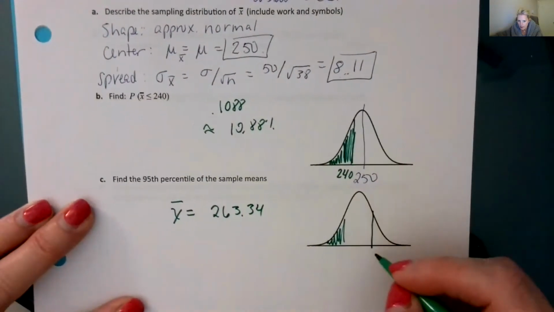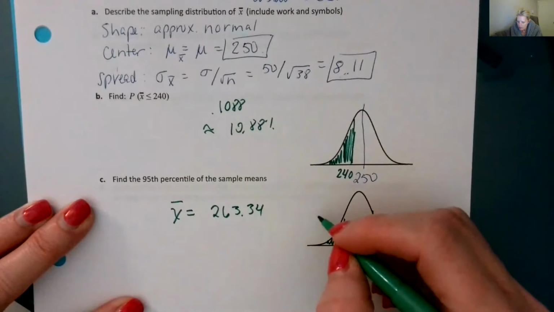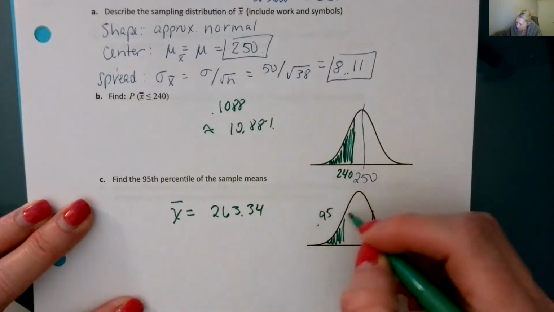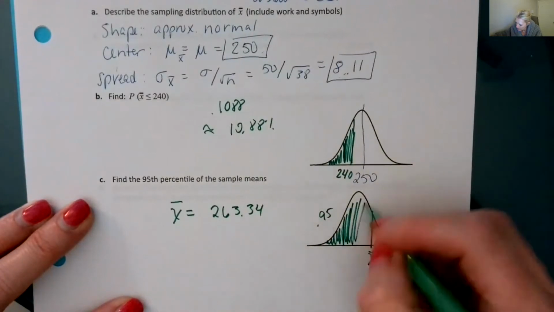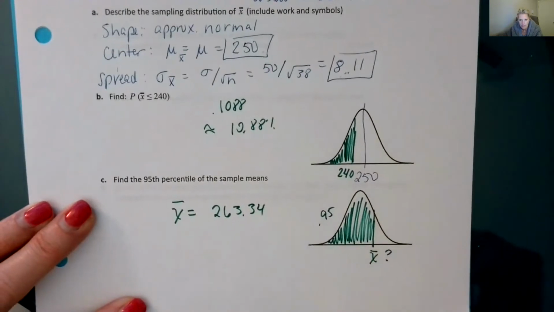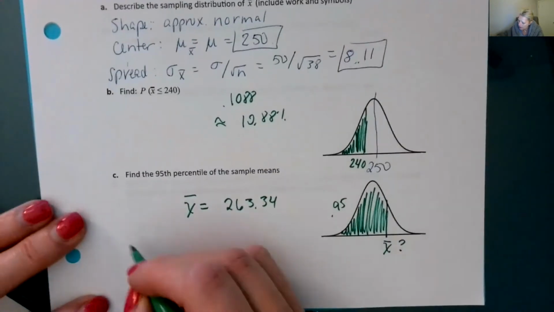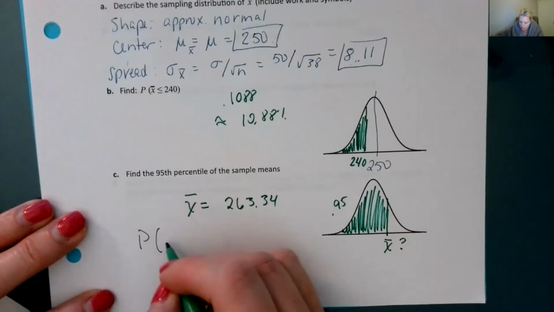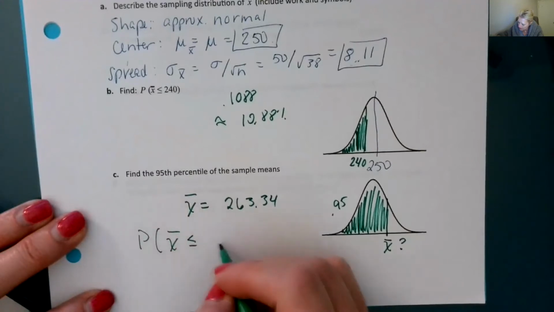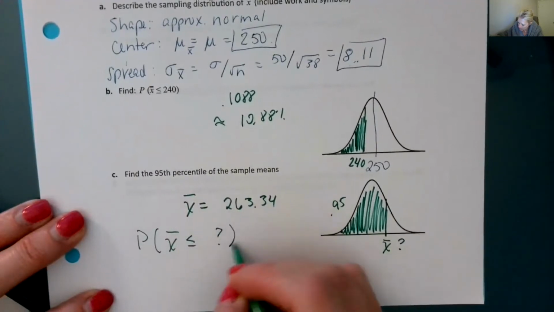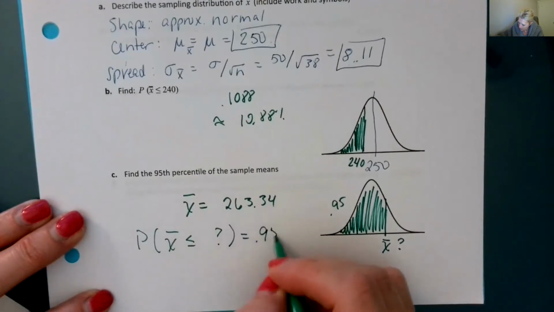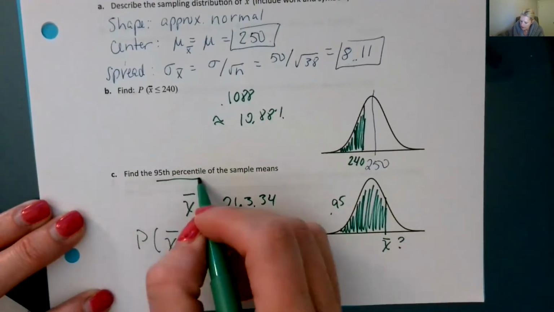So you can see here that we didn't know what this was. We just knew that this area or percent was 95% probability. So when we typed this one in, let's just write, we said the X bar is less than, and we didn't know what, but we knew it was equal to 0.95 because that's our 95th percentile.